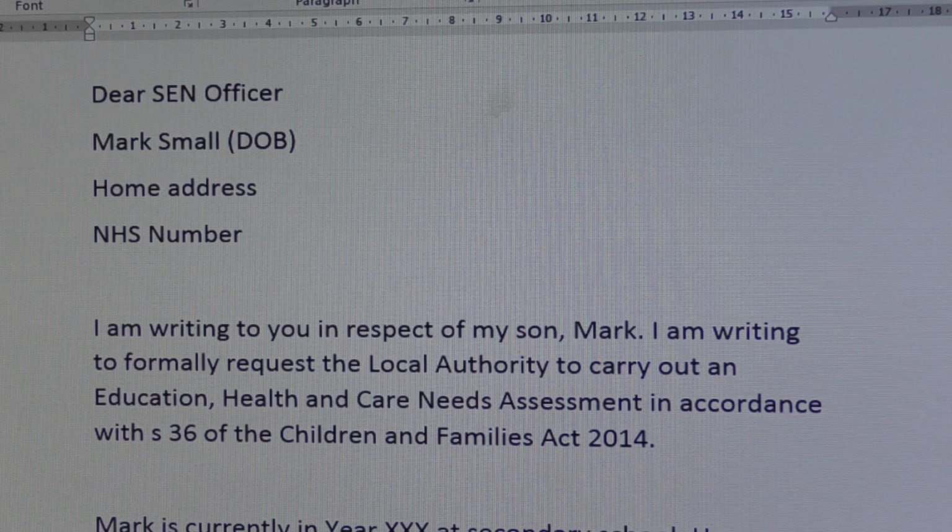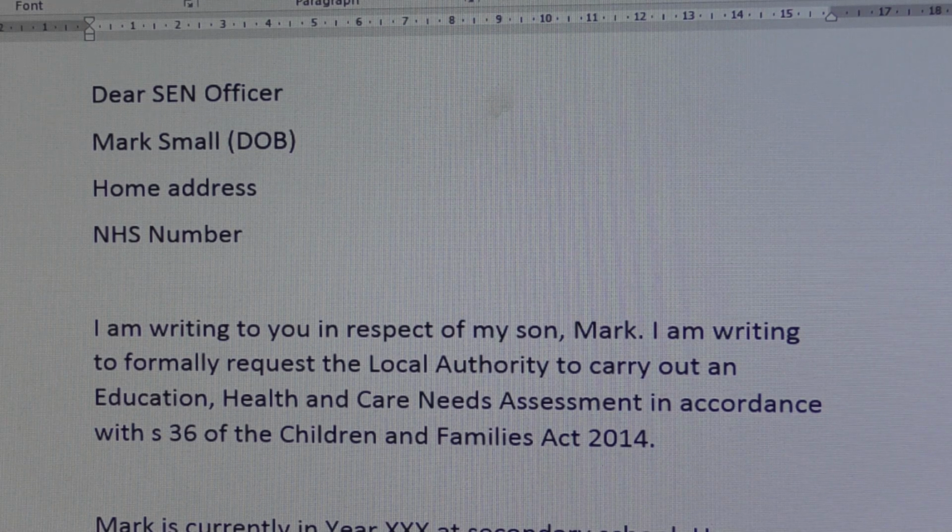Then you put the name of the secondary school or primary school, the name of the educational setting, and you insert the address. The relevant contact at the school is the SENCO, the special needs coordinator. Let's just make up something, Mrs. Warren. It might be that you have her email address, so put it in.